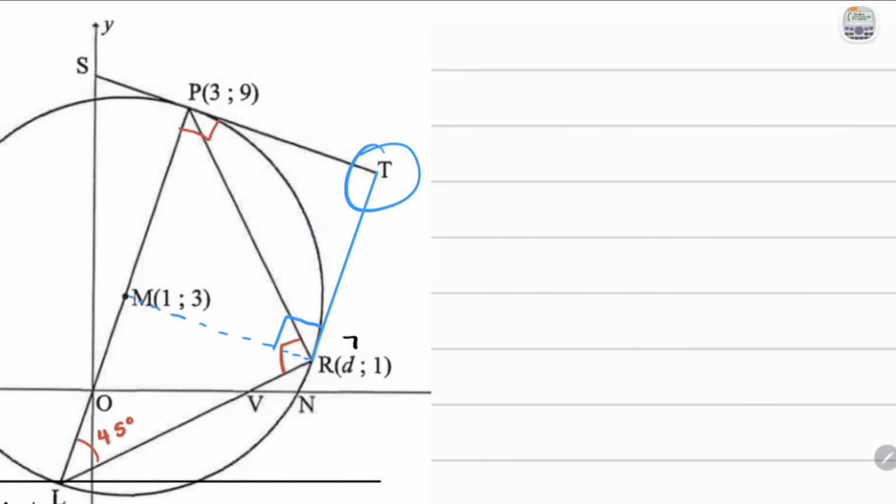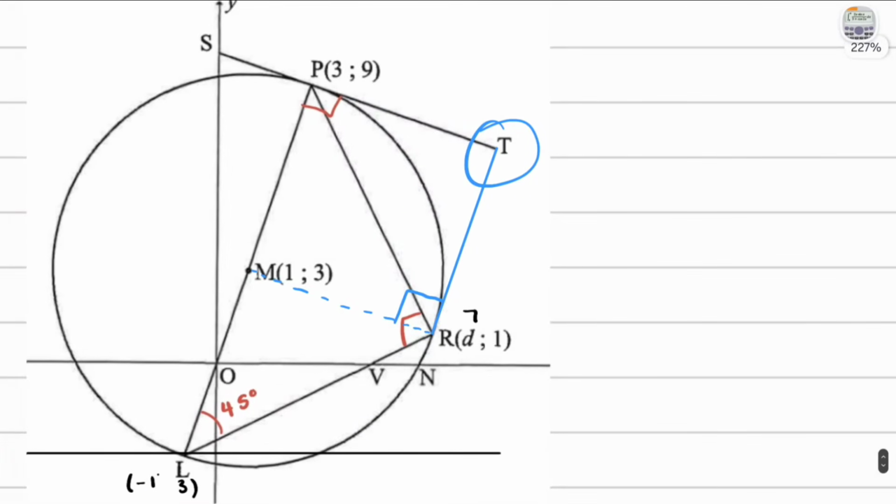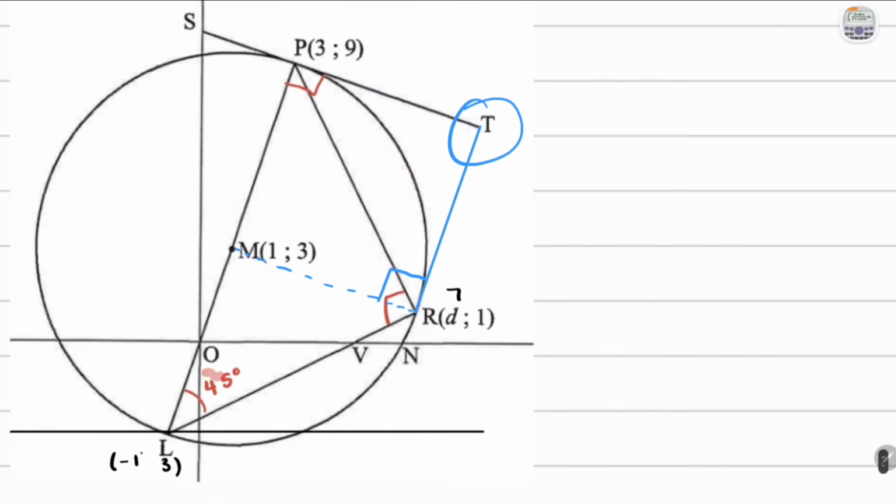Okay, I see that we can actually take a different approach to making the lines parallel. Here's the thing that we can actually see here. Do you see how we constructed MR, right? MR is a radius. However, there's some Euclid in here. You see that this is angle L, right? And angle L is supported by the line PR.